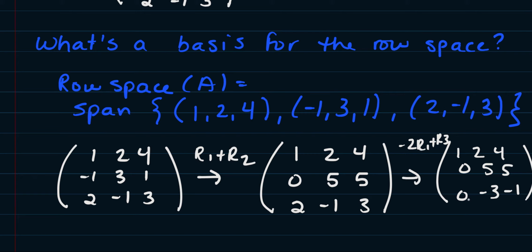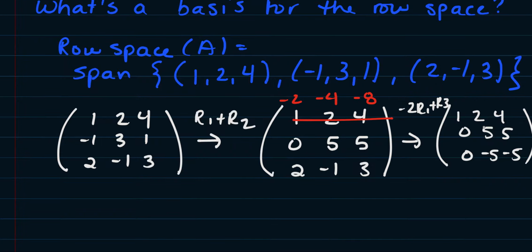Let's make sure I didn't do anything wrong. I think I forgot to. Let's try that one again. Cross this one out. This is negative 2, negative 4, negative 8. Now add it, and I get 0, negative 5, negative 5. And then you can see that I can get rid of row 3 by adding row 2 to it.